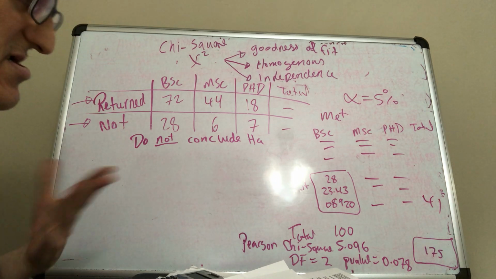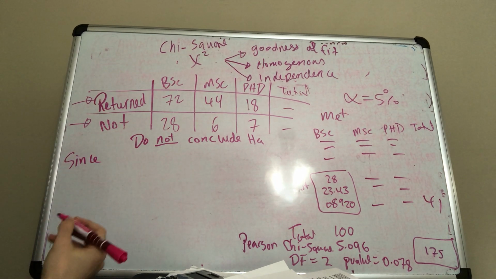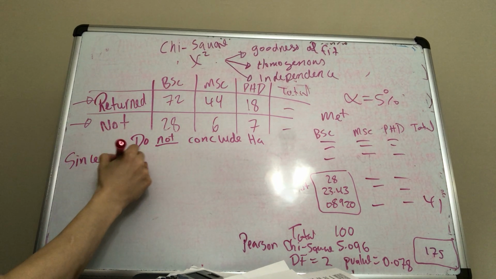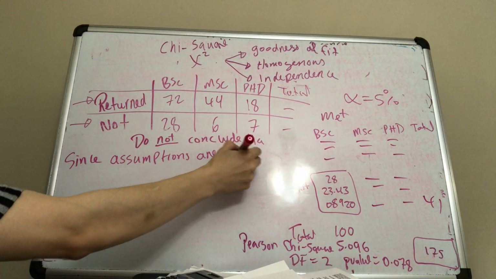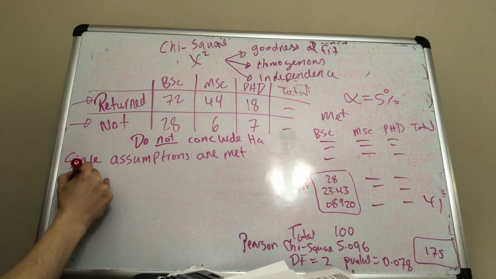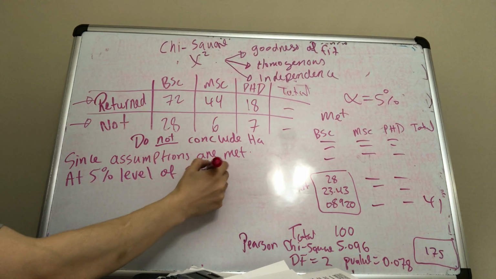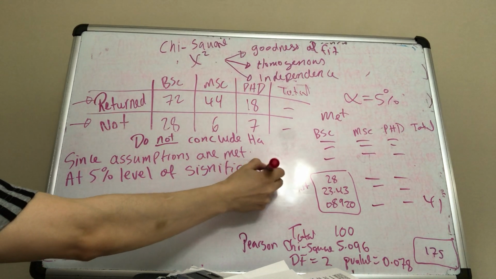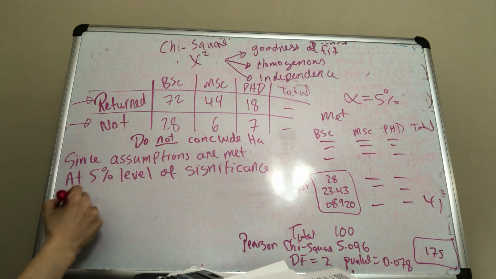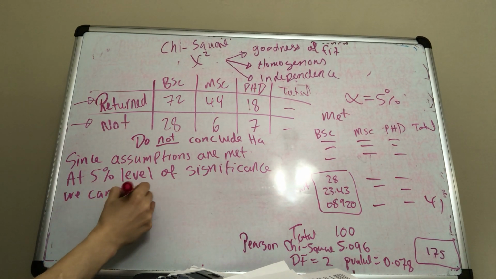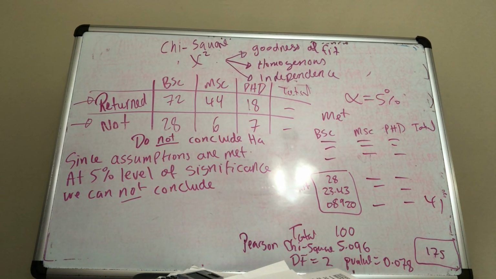Now, finally, talking about the conclusion, they told us that the assumptions are satisfied. Since the assumptions are met at the 5% level of significance, we cannot conclude HA, but we say what HA is.